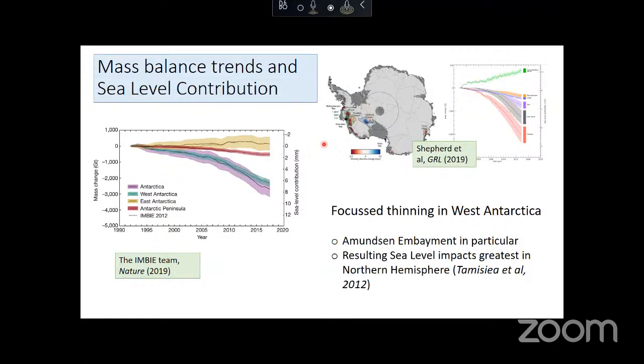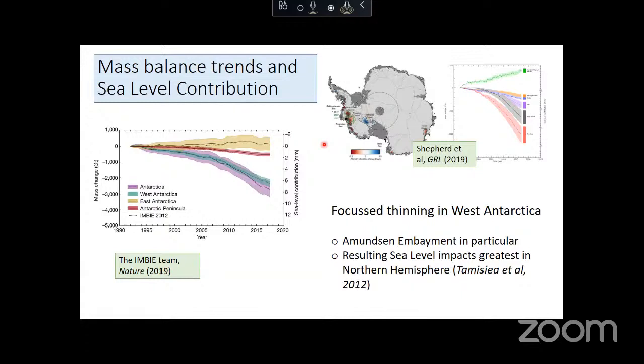It changes the way the Earth rotates. So it turns out that ice being lost from Antarctica actually has a larger sea level rise signal in the Northern Hemisphere, on UK shores, than ice lost from Greenland. That's something that I don't think a lot of people actually appreciate.